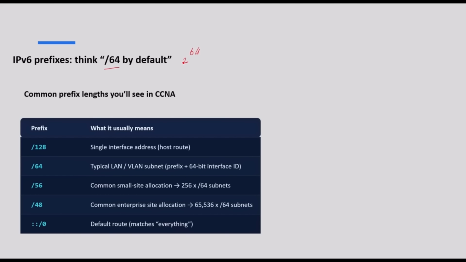That's huge. But we are not going to do this all the time. /64 is going to be the default, but this is not going to be everywhere.